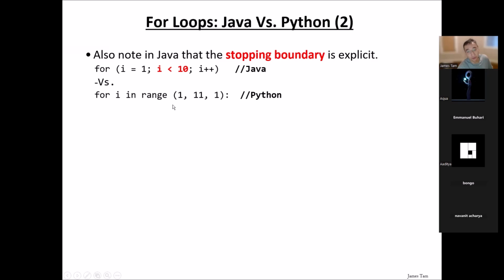We could have an endless loop or a loop that does not execute, and it's very hard to figure out what's happening because it's implicit. The stopping boundary and other things are implicit here. People love it because I can bang this out quickly, but it's really easy to make mistakes. Again, I'm not bashing Python because there are some things that are better than Java, but the reverse holds true as well.